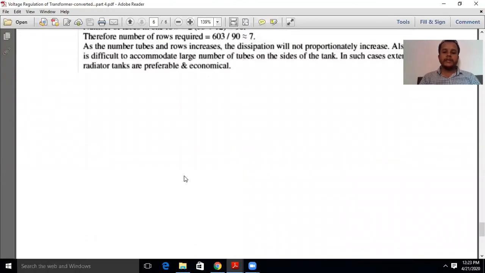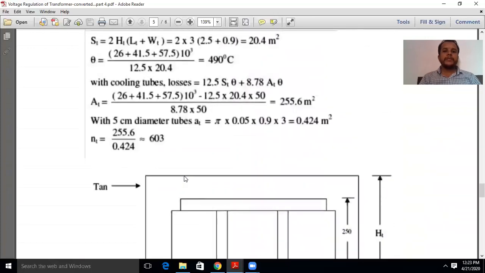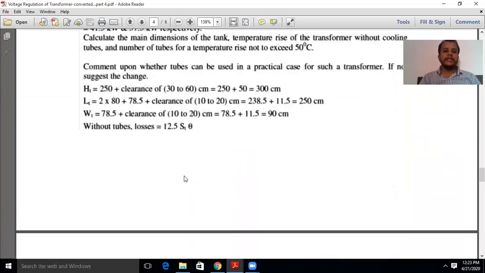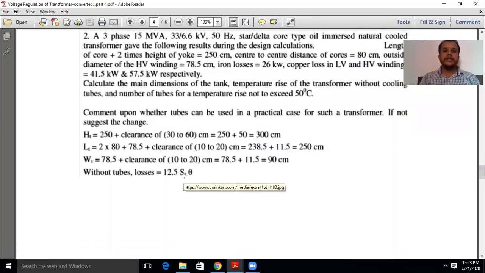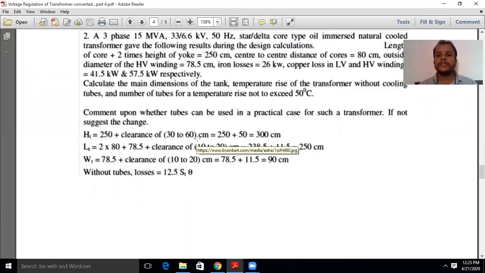So now we'll solve how they have calculated the first, main dimension of the tank. Now in order to have this, HT is given. That is 250 plus clearance of 30 to 60 centimeter.